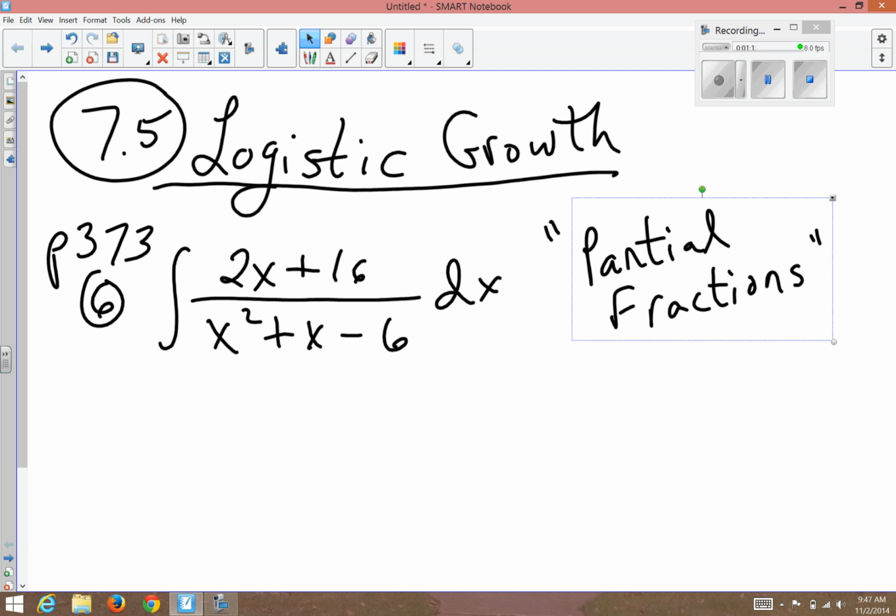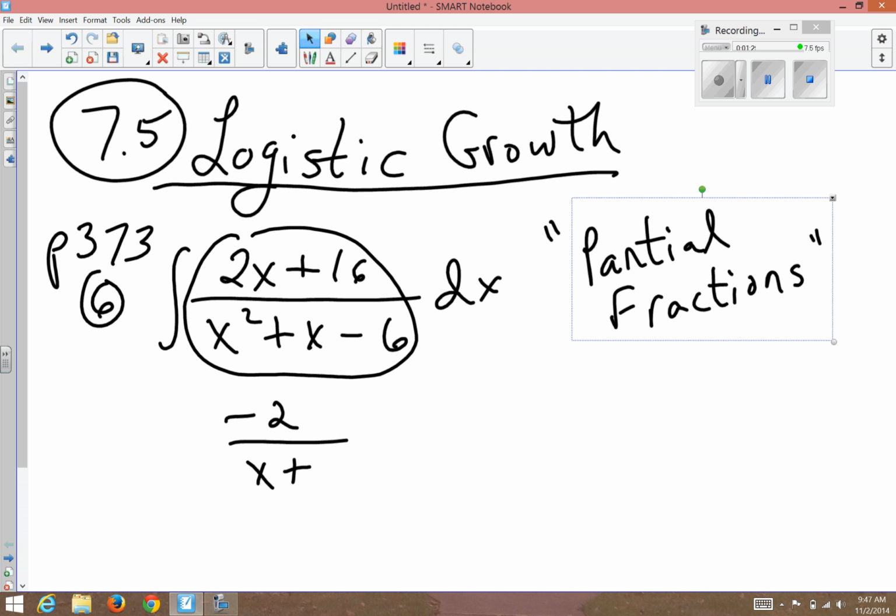In the video called Partial Fraction Decomposition, we did a few minutes of algebra to turn this fraction into negative 2 over x plus 3 plus 4 over x minus 2.